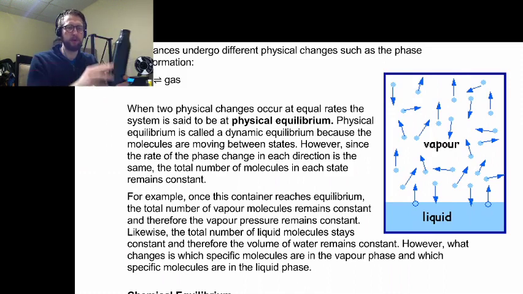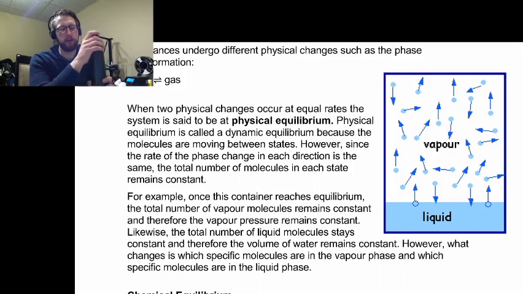And the water vapor and the liquid water are constantly exchanging water molecules. And those water molecules are exchanging at about the same rate, so that at any point in time when I open the bottle and look inside, it seems to have about the same amount of water vapor and the same amount of liquid.